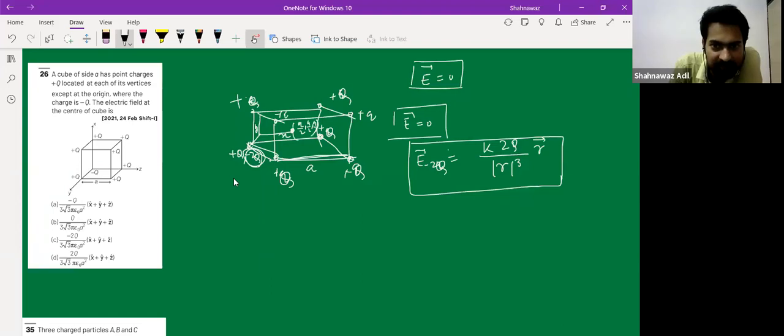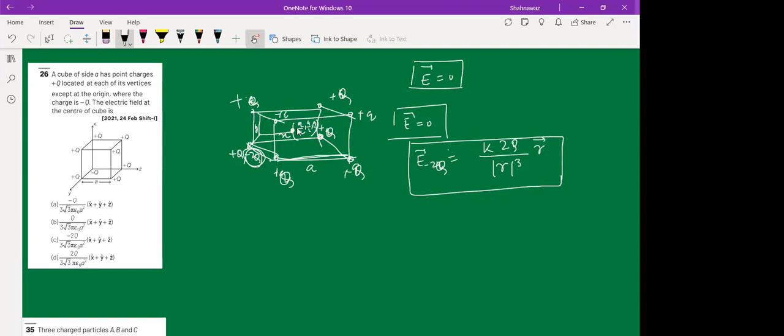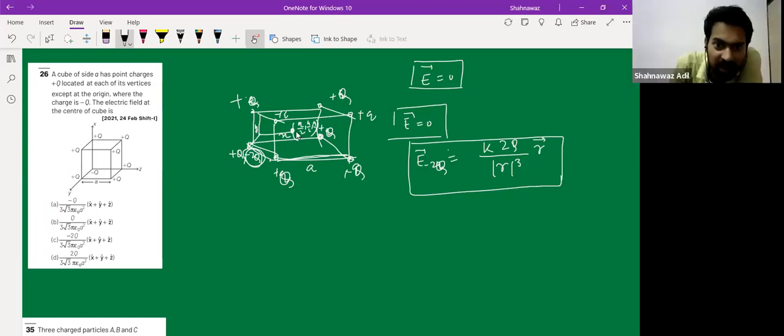Right, guys? Understood? Yes. This would be the position vector, the coordinate points of the center of this cube.